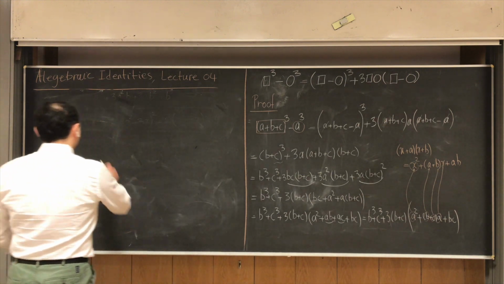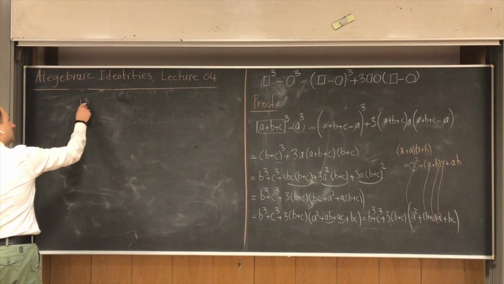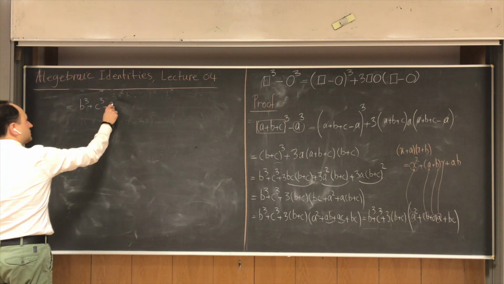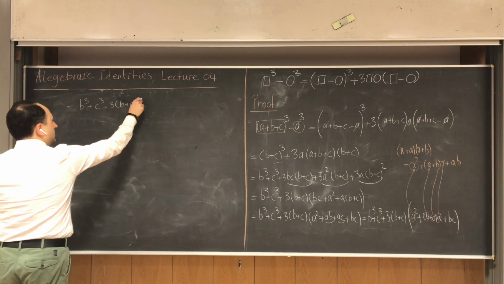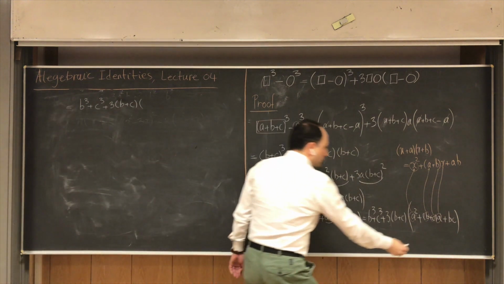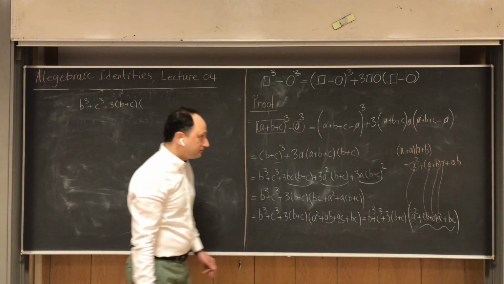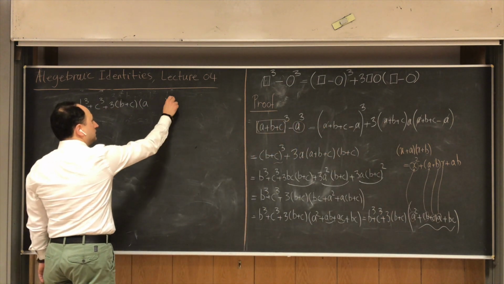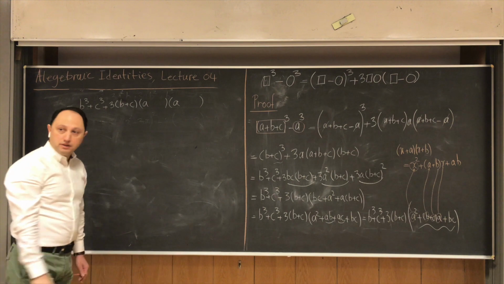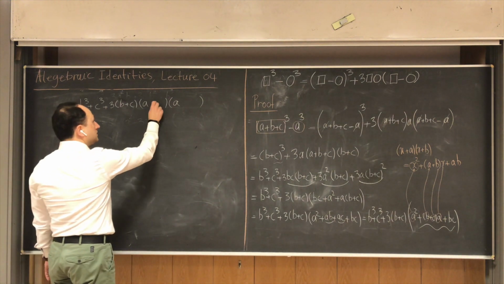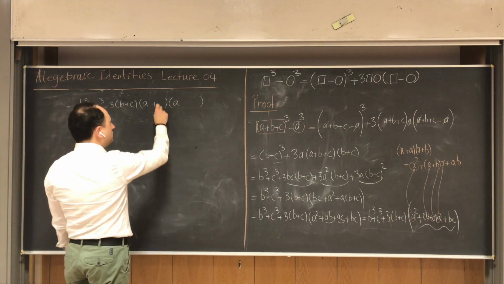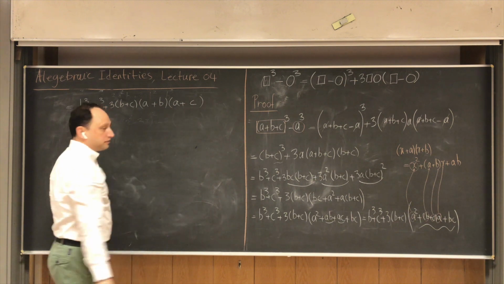So what can I do? I can write b cubed plus c cubed plus 3(b plus c). And then instead of this whole expression, what can I write? I can write a as the common term, and then I can write b in one of them and c in one of them.